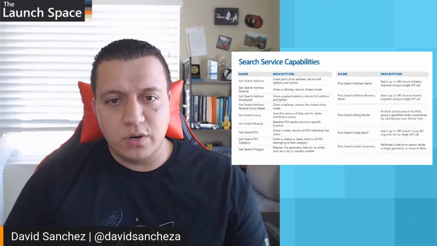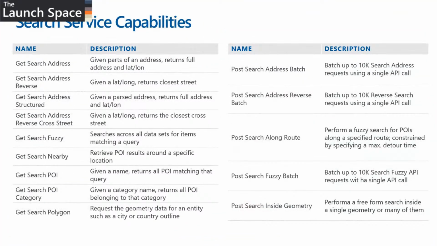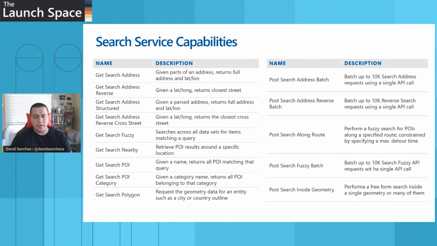Talking specifically about the search service capabilities, these are the different functionalities. You can do a search address and get the GeoJSON of some specific address. You can also do the get search address reverse, which is, if you have the latitude and longitude of some specific location, you can get the nearest address from that location.